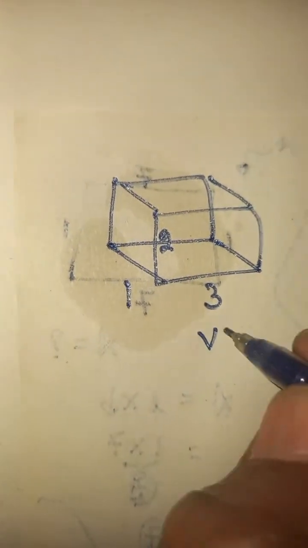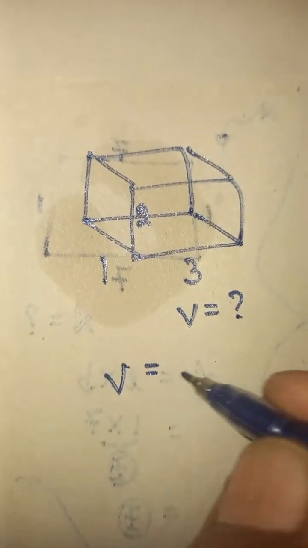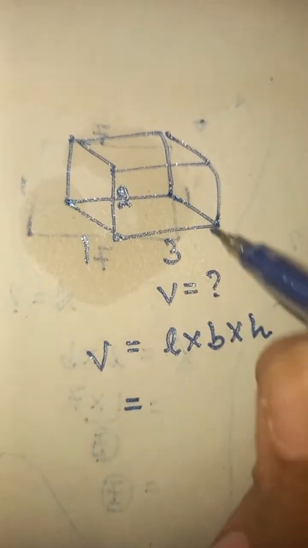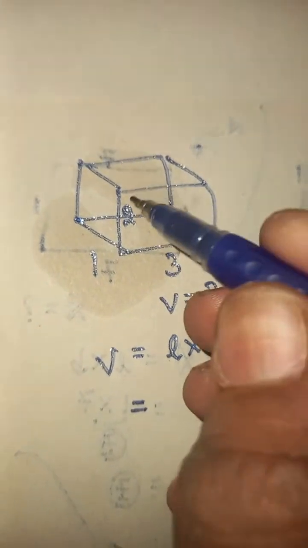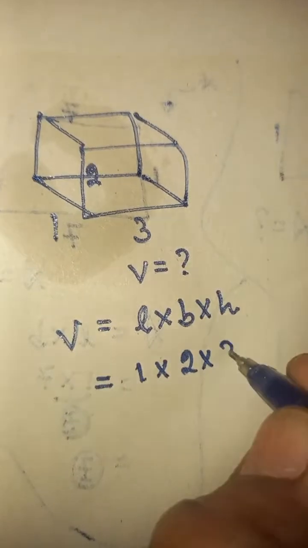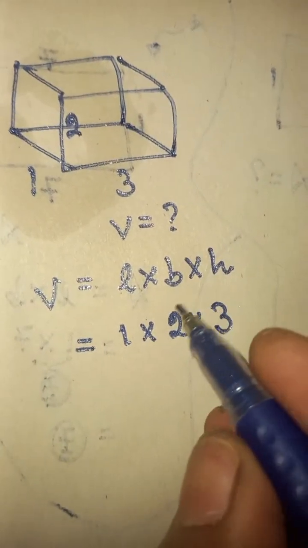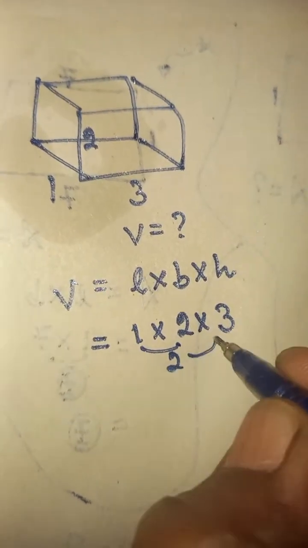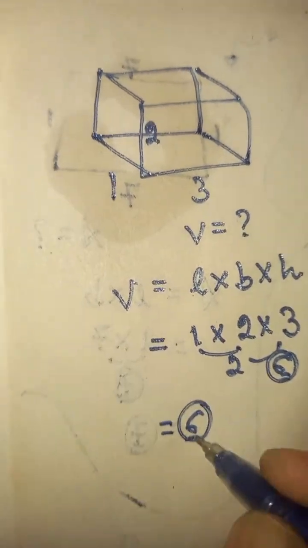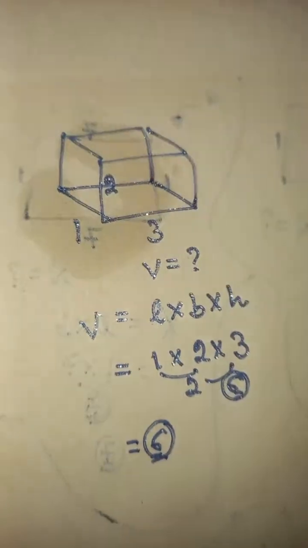So the volume of this cuboid you can find as length times breadth times height. Those three are 1 times 3 times 2, or you can write it as 1 times 2 times 3. 1 times 2 is 2, 2 times 3 is 6. So you can take it as 6 cubic units is the volume of this cuboid.